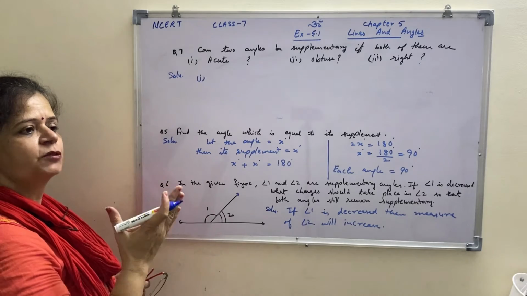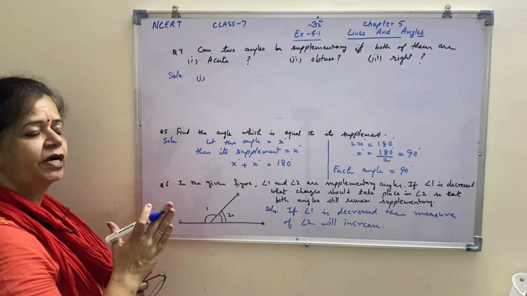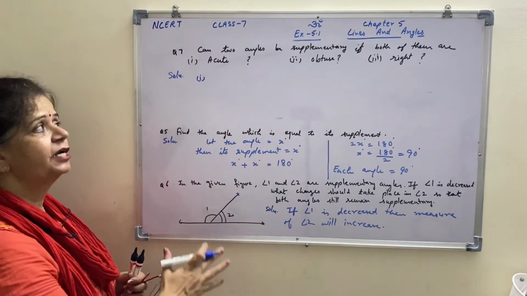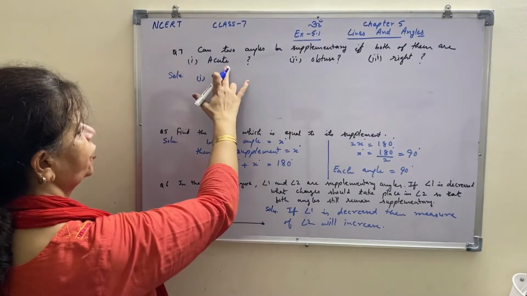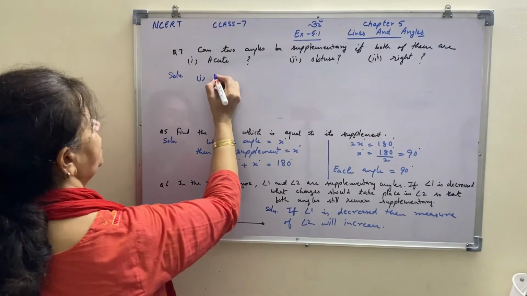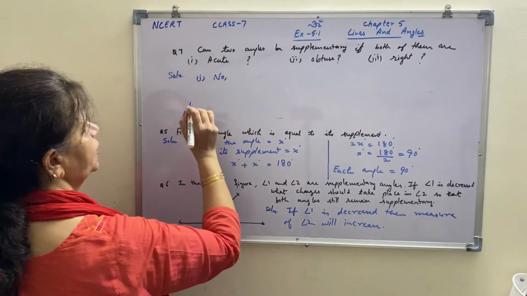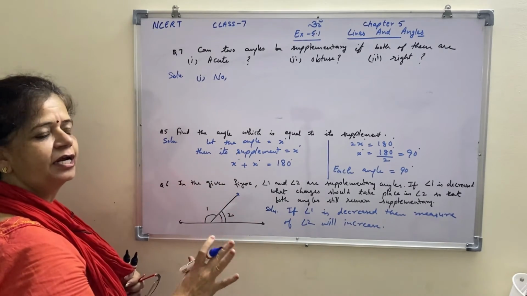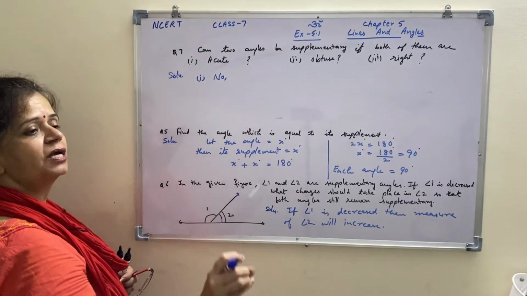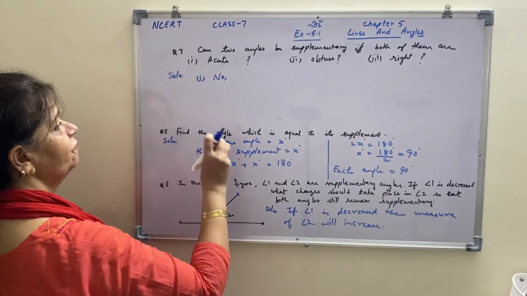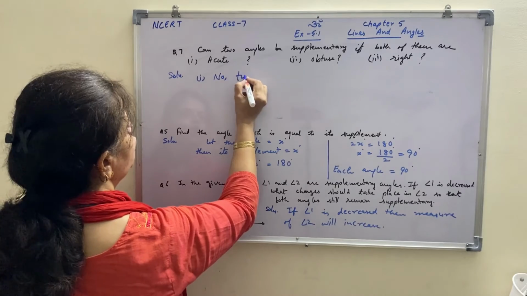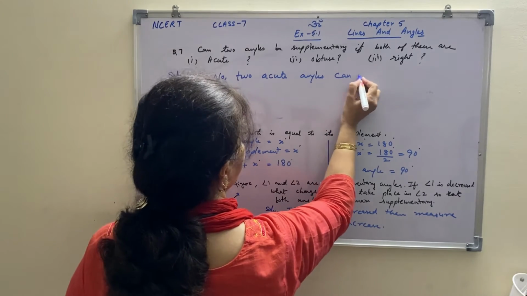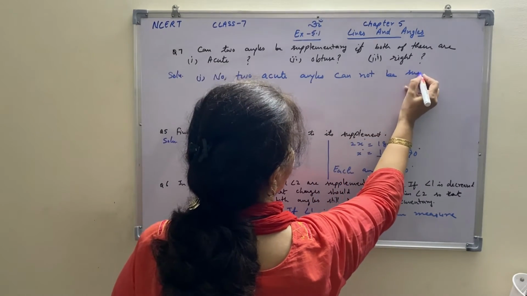See, if both of them are acute, that means both are less than 90 degrees, so the sum will definitely be less than 180 degrees. So the first answer is no. Two acute angles cannot be supplementary angles.